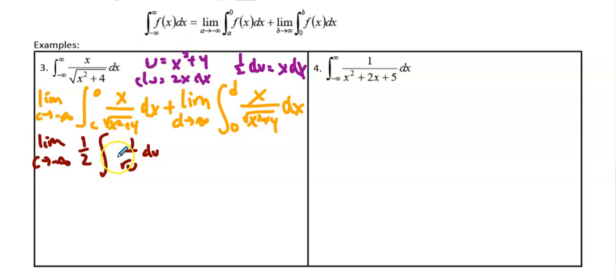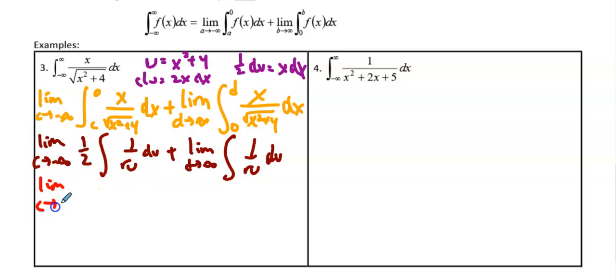I will remember to come back and do this a little bit later on. And then we do the limit as d approaches infinity. Again, the integration of 1 over the square root of u du. Again, I'm not putting the c in the 0 and the 0 and d, because I'm going to just integrate this and then change my bounds back. So I don't need to worry about that.